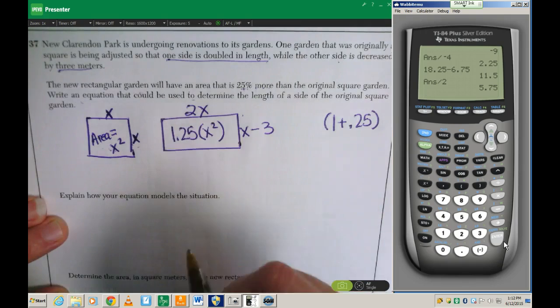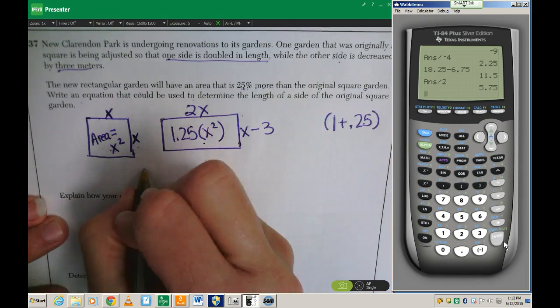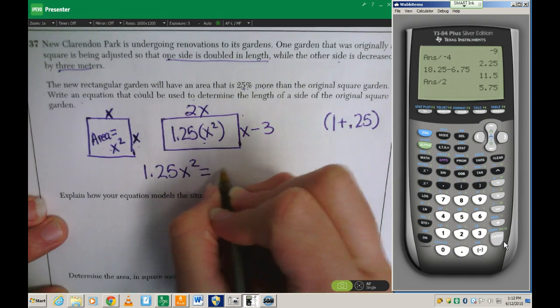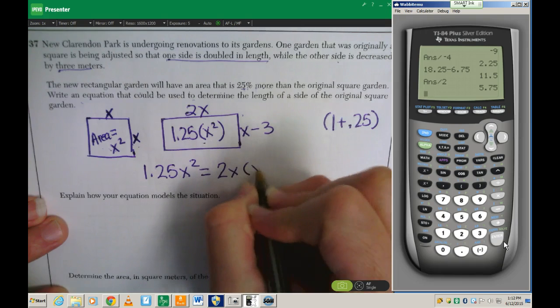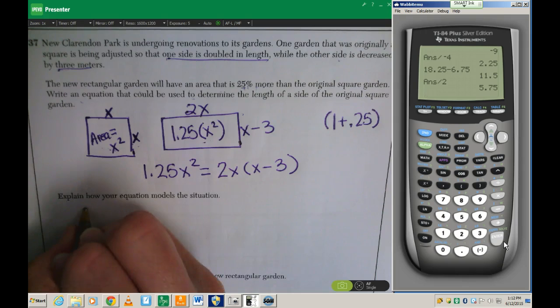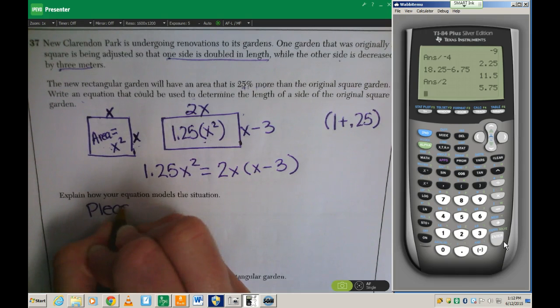That wants us to write the equation, so we already pretty much have it. We know that 1.25x squared has to equal 2x times x minus 3. And then you can say, please view model above.